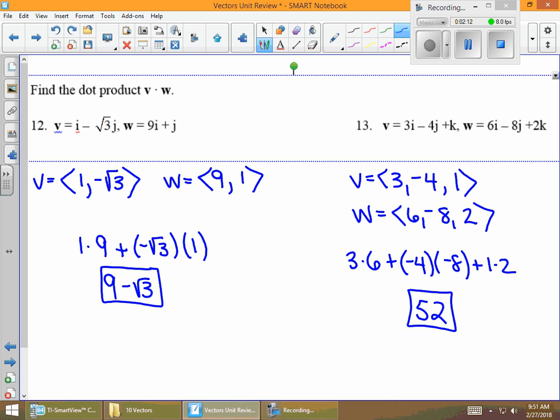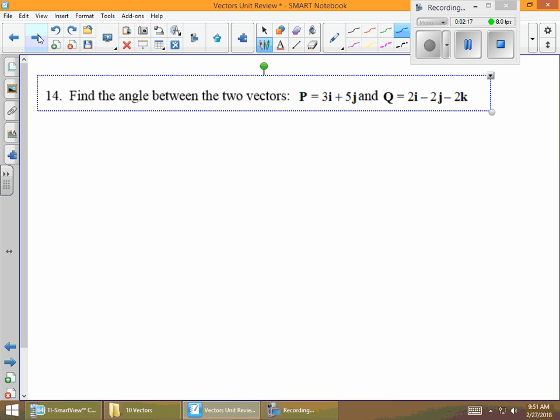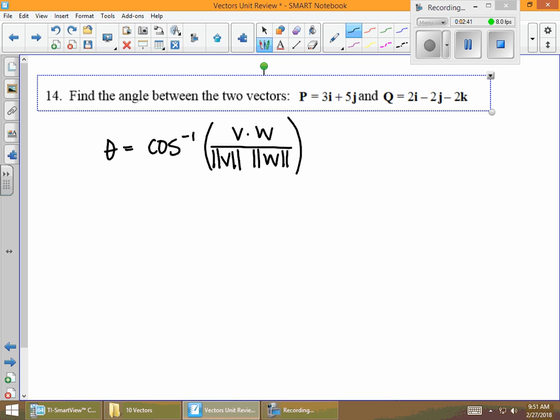An application of dot product is in the angle between two vectors. So in order to find the angle between two vectors, we do the dot product divided by the magnitudes and take the arc cosine of it. So there's the equation that we're plugging into.